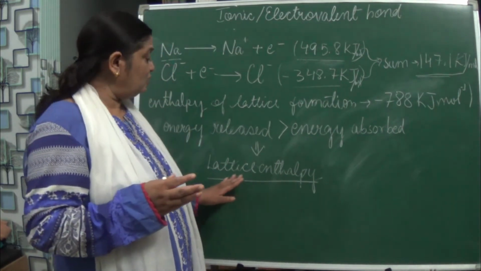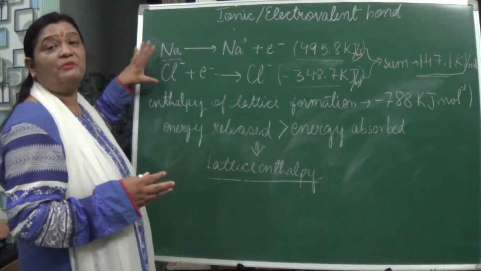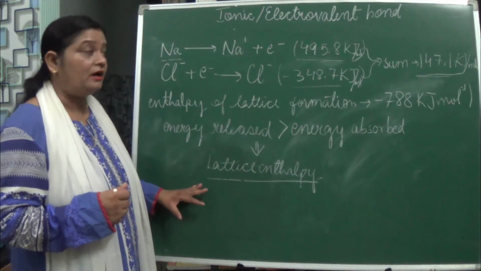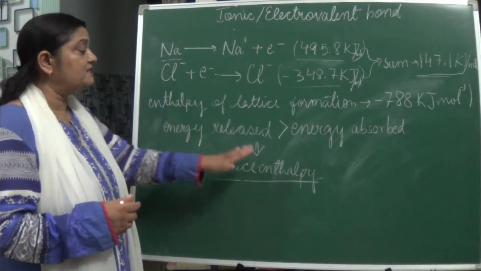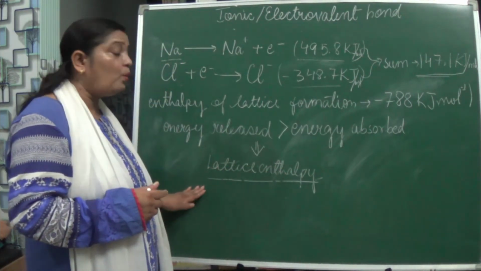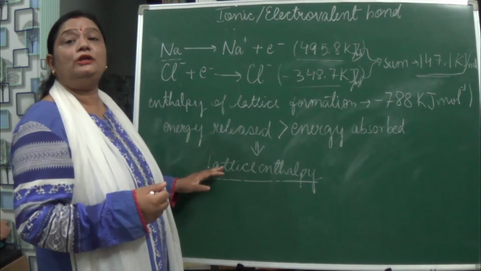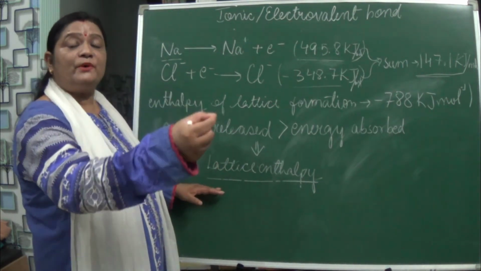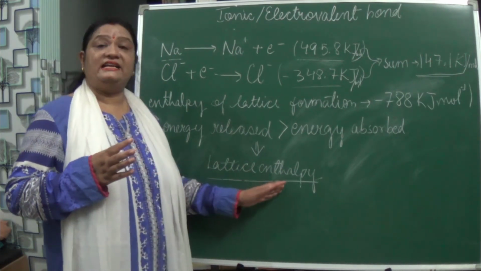If I am talking of NaCl, it will form a lattice structure because this is a positive ion and this is a negative ion. The energy required to break that lattice into its components in the gaseous form is known as lattice enthalpy.